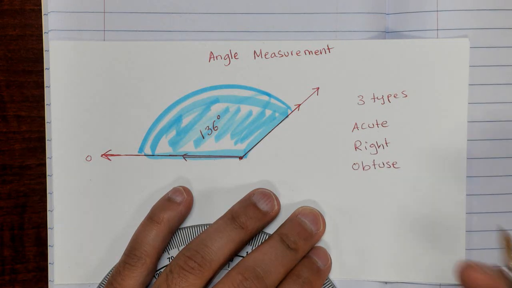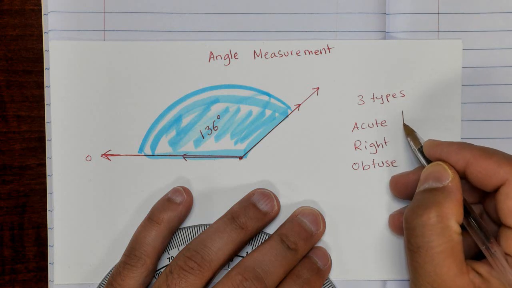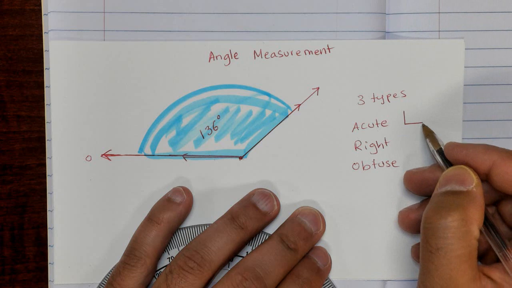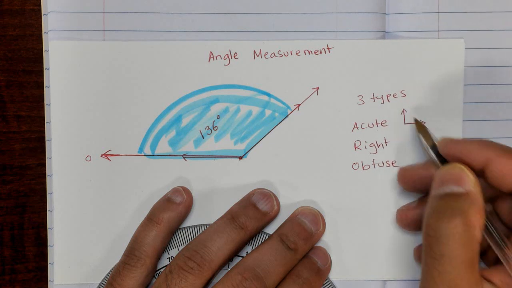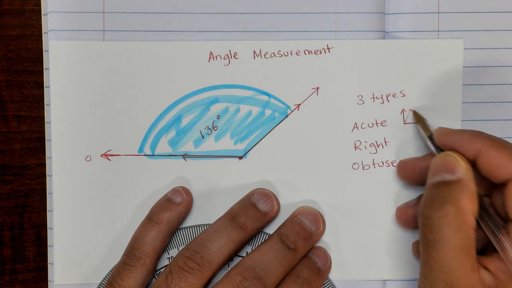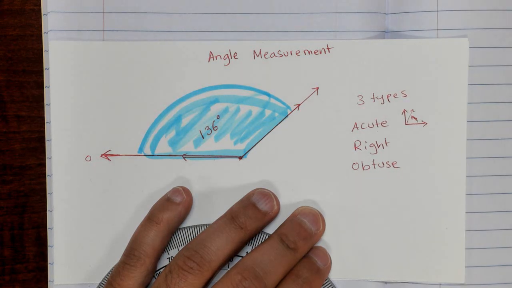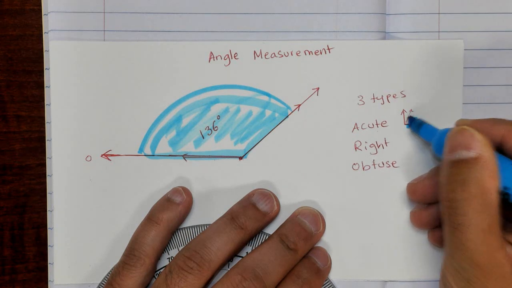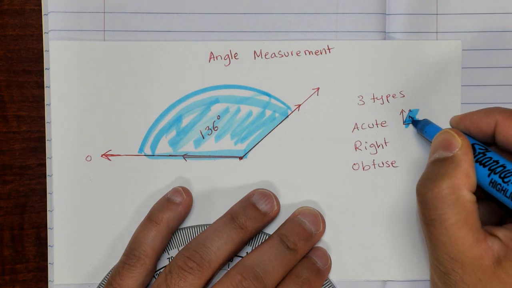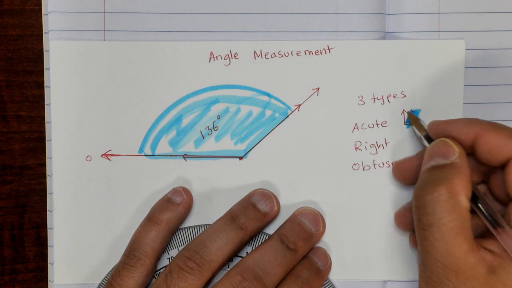An acute angle is an angle that is less than 90 degrees. So here's 90 degrees. It makes an L. So acute is smaller than 90 degrees. Okay, this was a bad example.